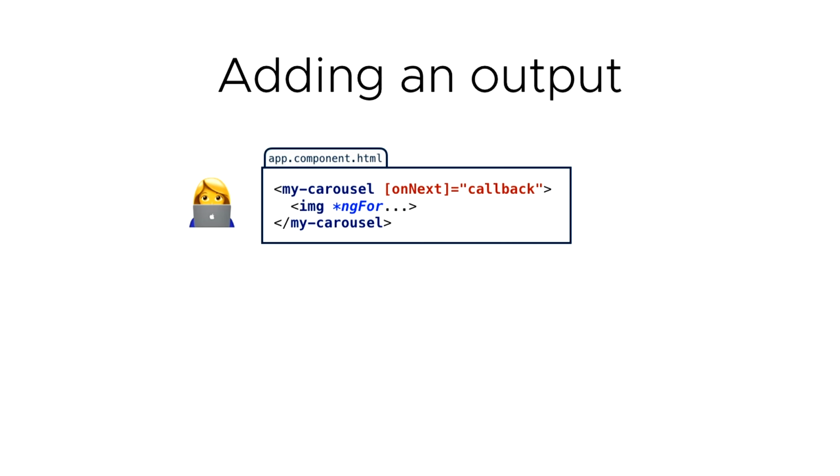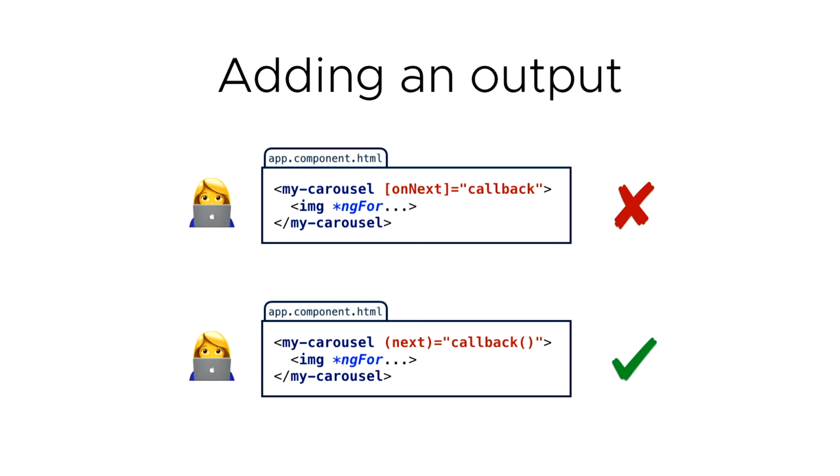So next, we have the output. So we said, oh, I can dynamically say the third image is going to be displayed, but now I want to react. People said I want to react to the user clicking next or previous or something like this. So I've seen this a couple times where you give an input that has a callback, and you have the reusable component just call the function whenever next is clicked. The problem with this is it's not really Angular.